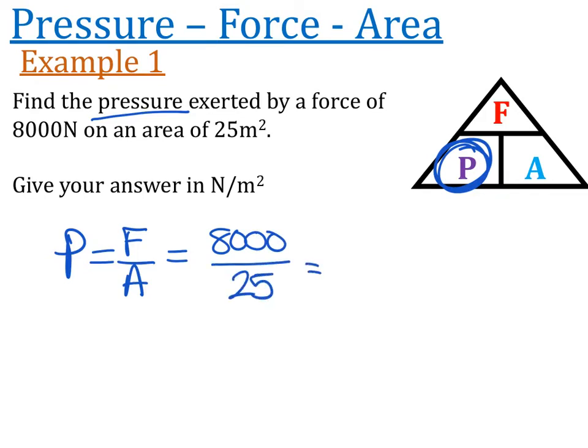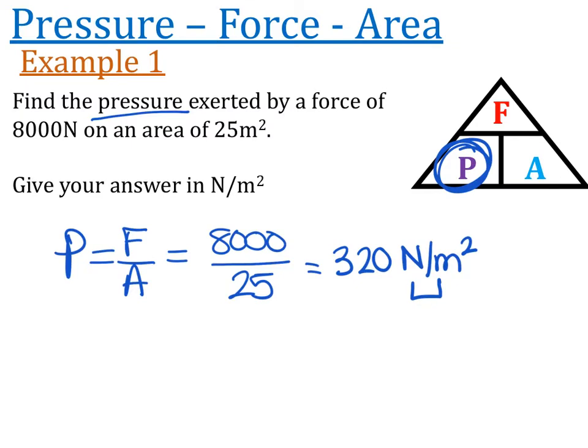So we've got 8,000 divided by 25, which gives us 320 newtons per meter squared. And that's all we're looking to do. It's a compound measure because we've got 2 measurements happening here, newtons and meters squared. And that's pretty much it.